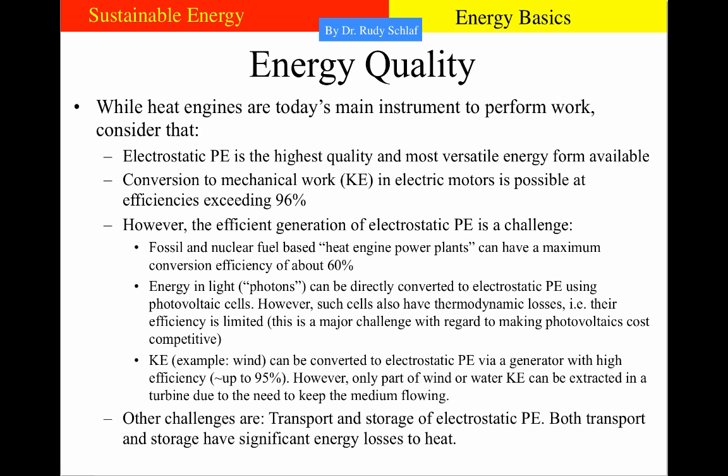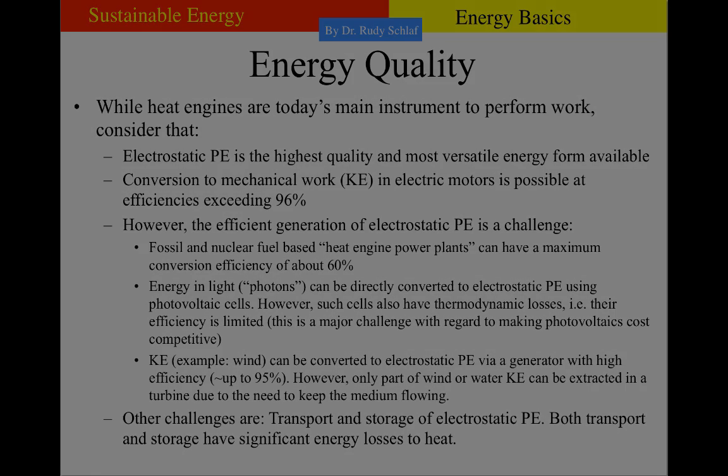The only thing that we have right now is hydro storage, and that is less than 1% of the grid capacity. Batteries, on the other hand, have the issue that they have a very low energy density per weight. Even the lithium-ion battery, which is considered the pinnacle of technology right now with batteries, has 1% of the energy density of gasoline. That is the main reason that it is so difficult to give electrical cars a useful range.